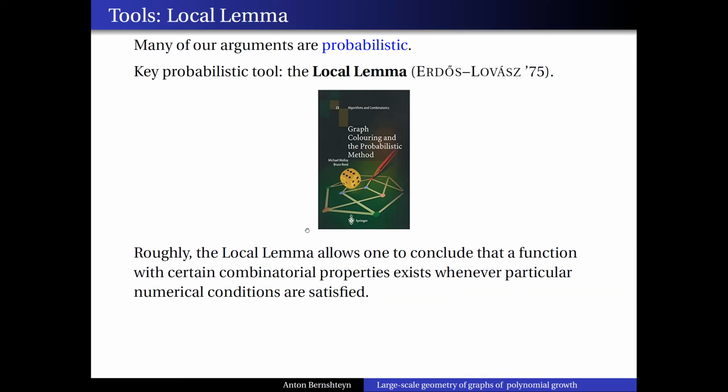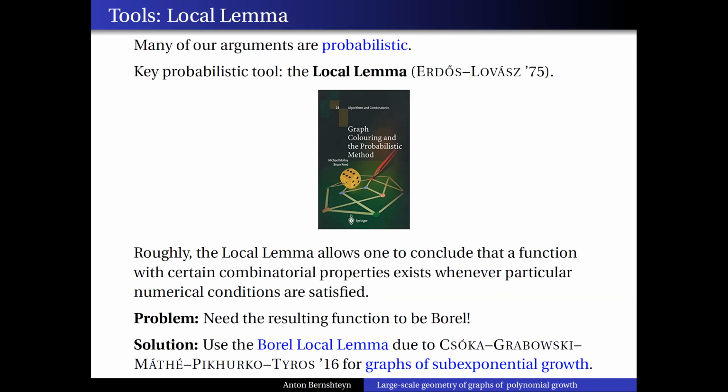It is some kind of probabilistic existence result. It says that if you want to find a function with certain combinatorial properties, such a function exists if you can verify some inequalities. You compute some numbers, you plug them into an inequality. If the inequality holds, you're in good shape. The function exists. Our problem is that we need the resulting function to be Borel, and this is not always possible to achieve. But thankfully, our situation is kind of serendipitous.